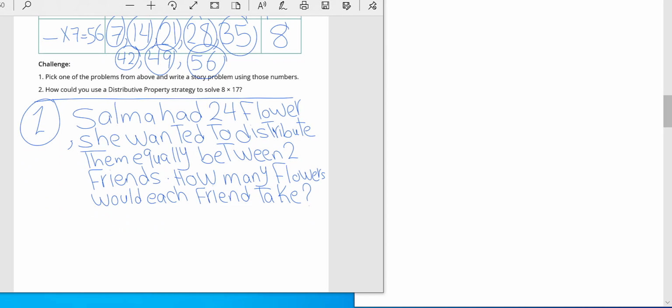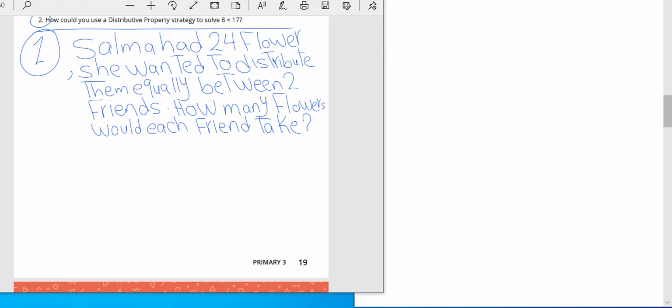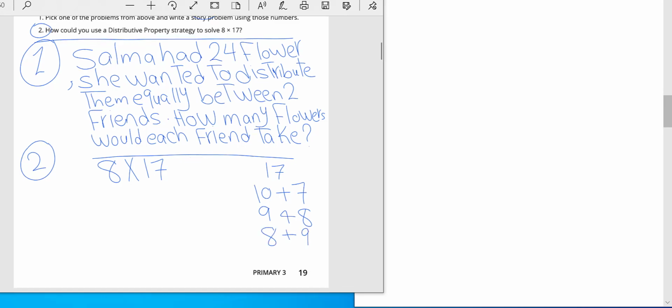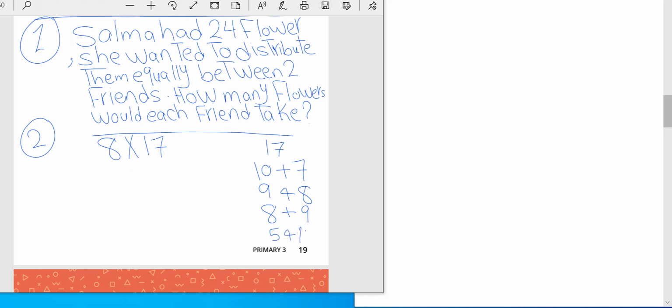How could you use the distributive property strategy to solve 8 times 17? As we studied before, we distribute the greater number into 2 smaller numbers. So 17 could be 10 plus 7, or 9 plus 8, or 5 plus 12, but we take the easy way to solve.